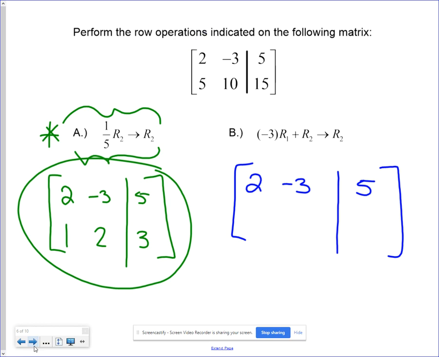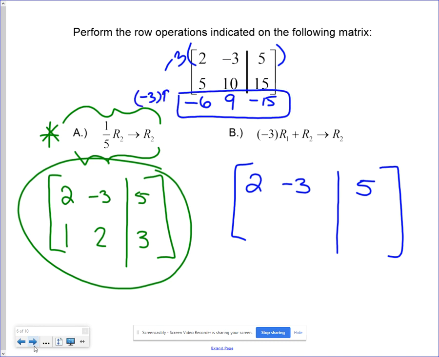So I'm just going to write that under this. -3 times row 1 gives me -6, -3 times -3 is +9, -3 times 5 is -15. So what I have here is -3 times row 1.